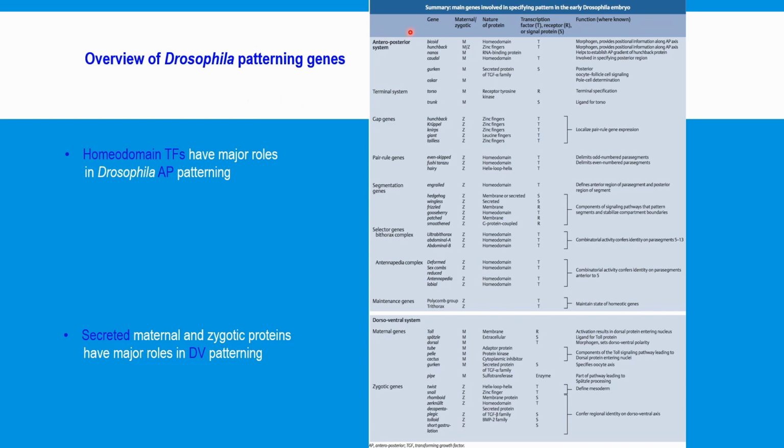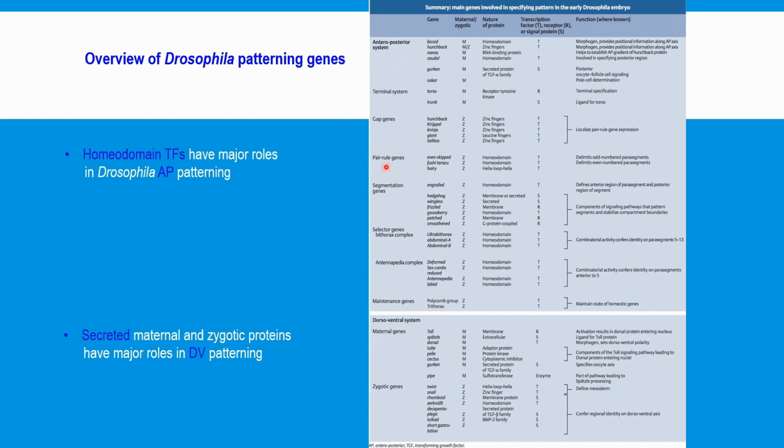If we look at the number of genes that we've actually gone through, it's a significant amount. We've been talking for the last two lectures, right? We started with the anterior posterior system, with maternally contributed genes and how they regulate the gap genes.